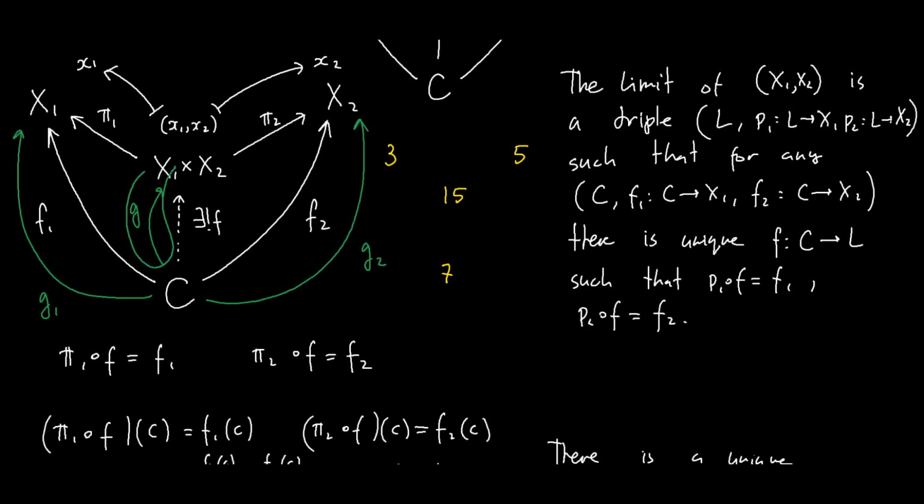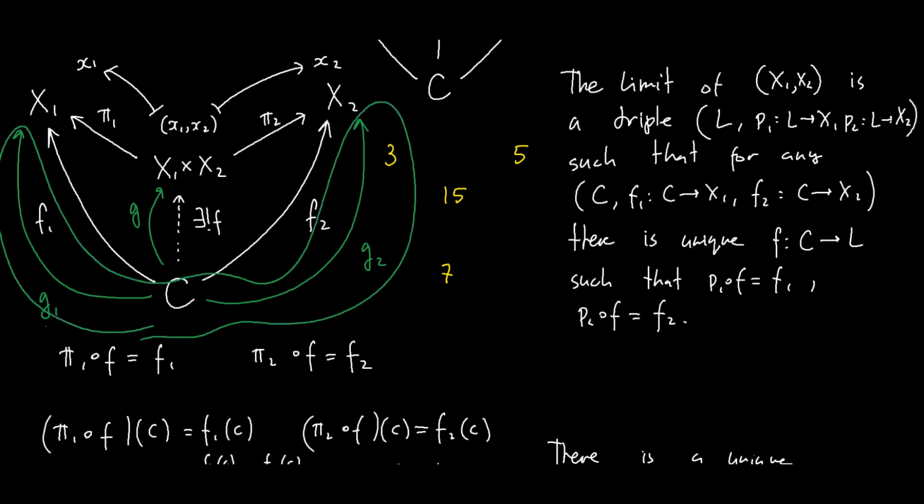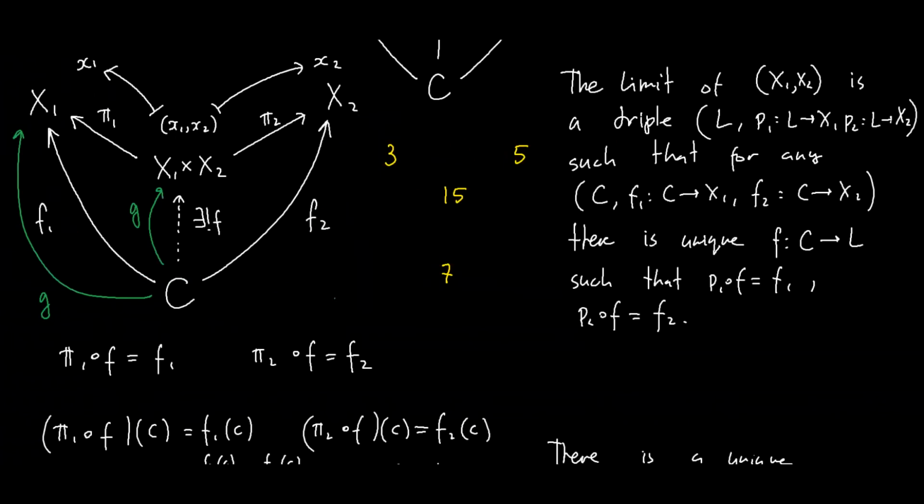So any function from C to the product arises as the solution of the problem of some pair g1 and g2. So what I'm trying to say is that if I now start mapping pairs of functions, so consider the set of all pairs of functions f1, f2, and then the set of functions from C to there.